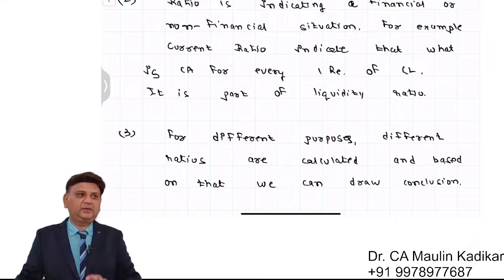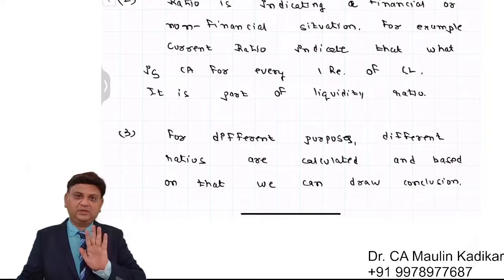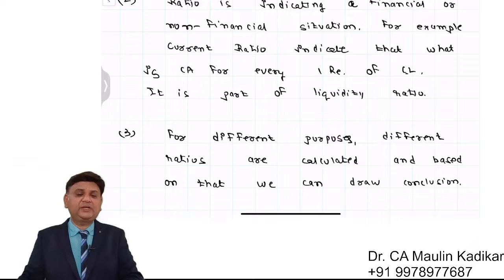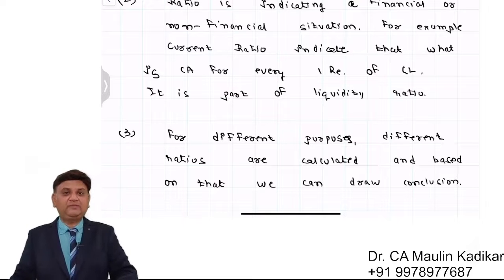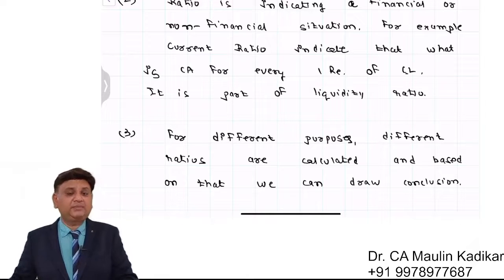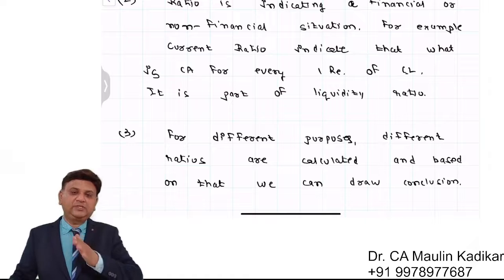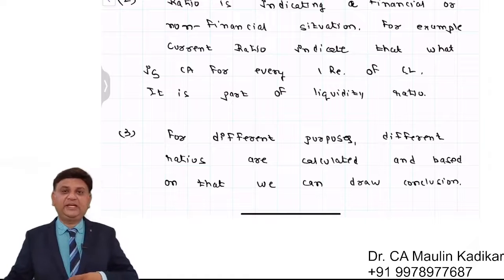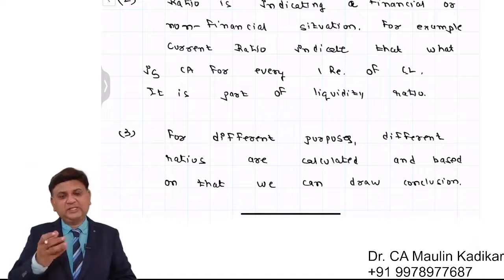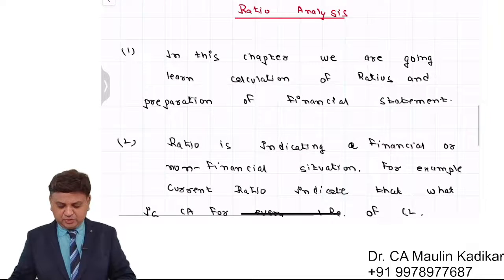So for example, we have computed that the interest coverage ratio is 5. So that indicates a sound financial position, that for every 1 rupee of the interest to be paid, the company has 5 rupees. Then let us say the debt equity ratio is 0.80. Means for every 1 rupee of the equity, debt is 80 paise. So all these things we shall be able to know with the ratios.